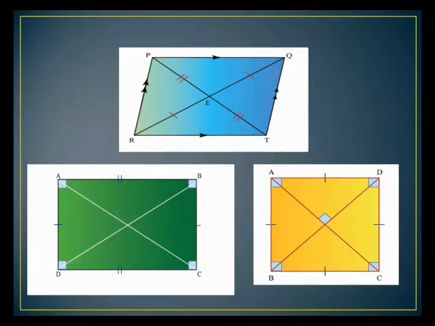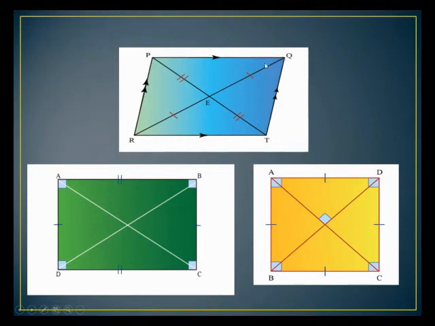Do remember that the opposite sides are parallel, meaning they are equidistant. The angle opposite to P is T and the angle opposite to Q is R, so they are again congruent.